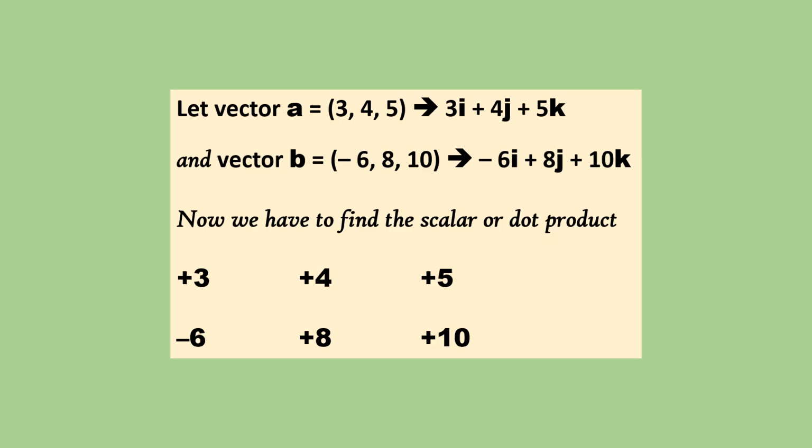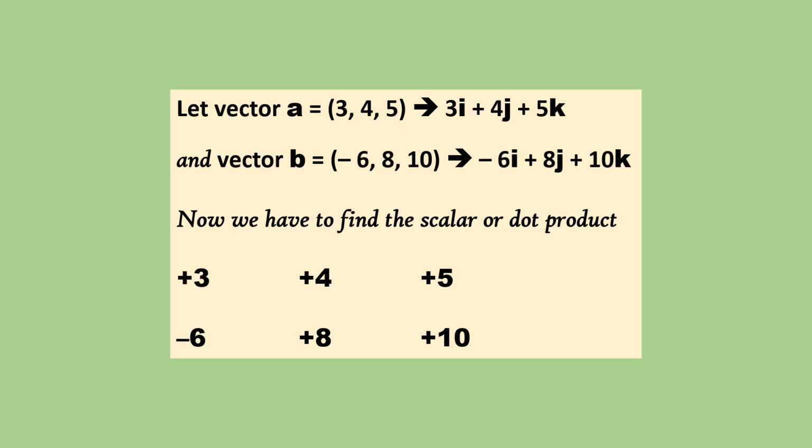Now we will multiply two vectors. So vector A, since I have written the word vector, I have not put the arrow, but if you do not write the word vector, then you will have to put the arrow on top of A. So vector A is 3, 4, 5 or 3i plus 4j plus 5k, and vector B is -6, 8, 10, that is -6i plus 8j plus 10k.